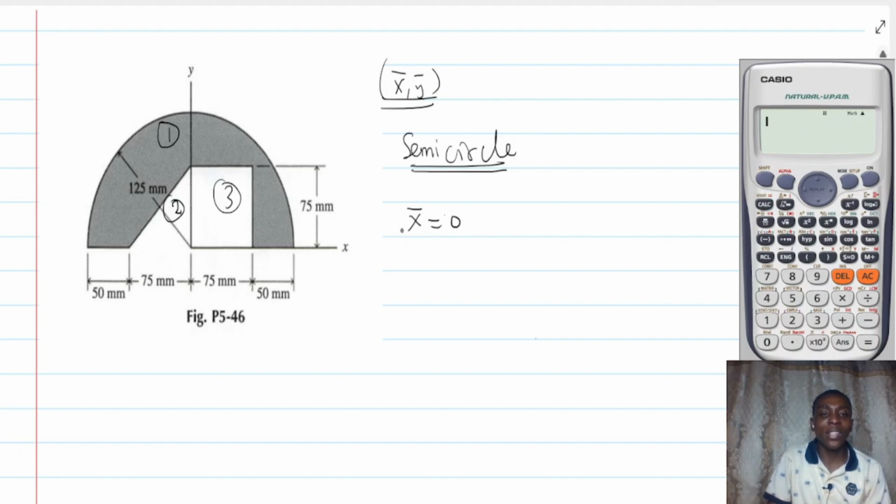But let's look at something here. You can clearly see that over here, the y-axis is dividing the semicircle exactly into 2. Now what happens is that whenever the x-axis or the y-axis, whichever of them, divides an area into 2 like this, then we say that the first moment of area about this axis is going to be 0.